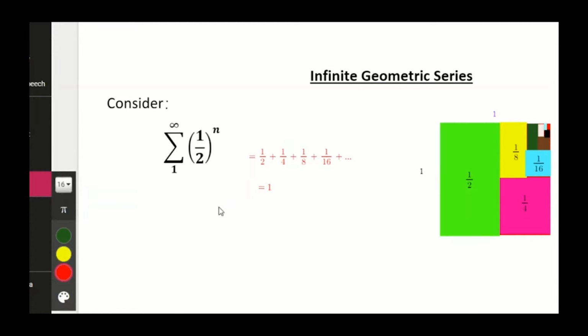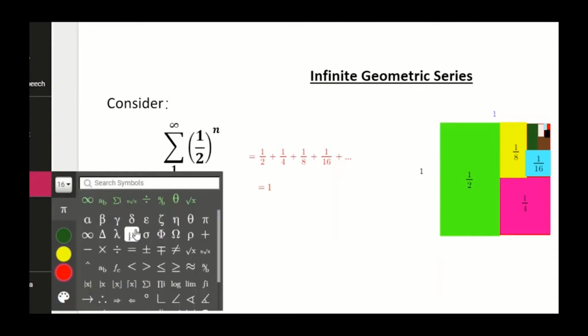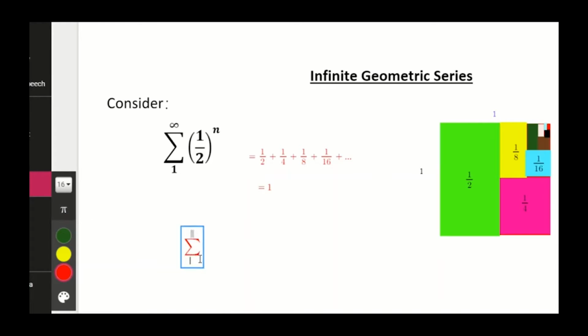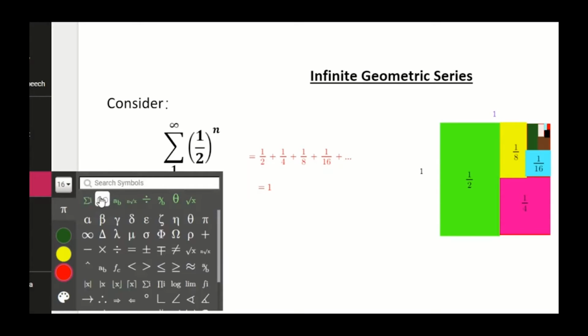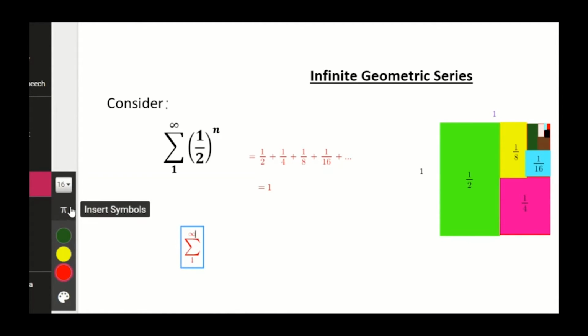Let's say I had the sum from n equals 1 to infinity of 1/10 to the power of n. So in other words, 1/10 to the power of n.